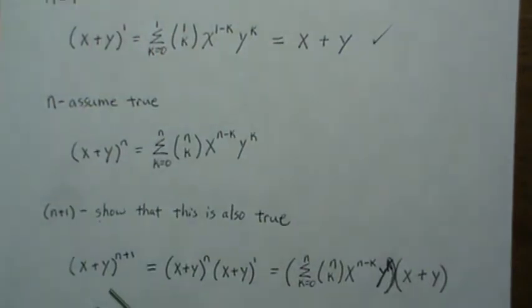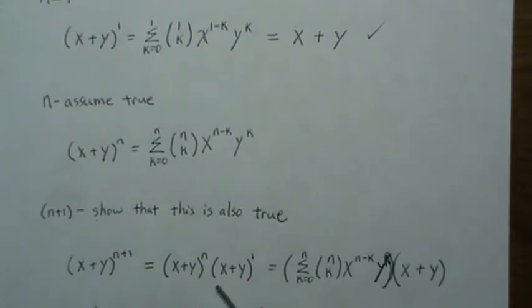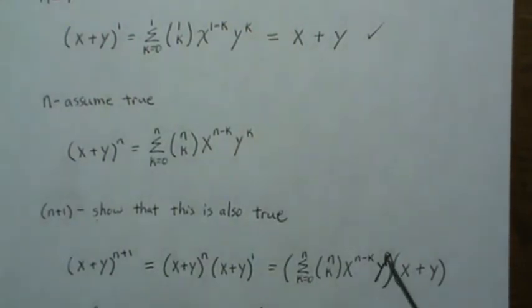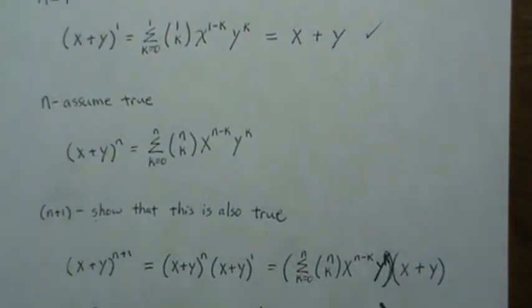Here is the first piece, raised to the n plus 1, and we can separate that into the product of x plus 1 to the n times x plus 1. And then we expand this, we know this is true, so we put that in here. And this is y raised to the k, times x plus 1, which is this piece.